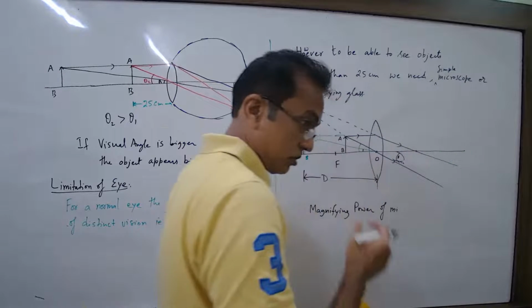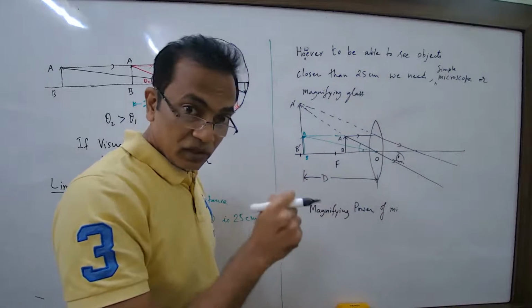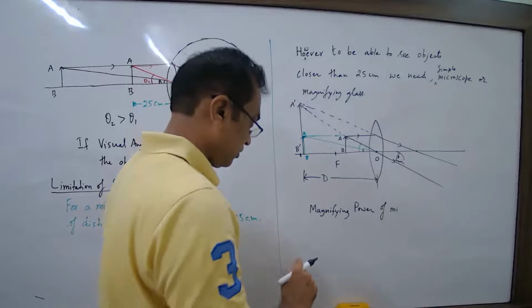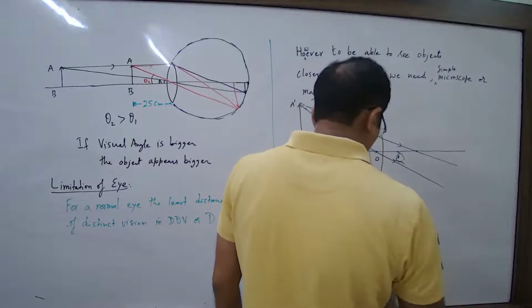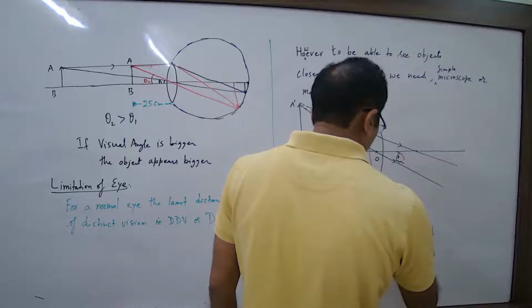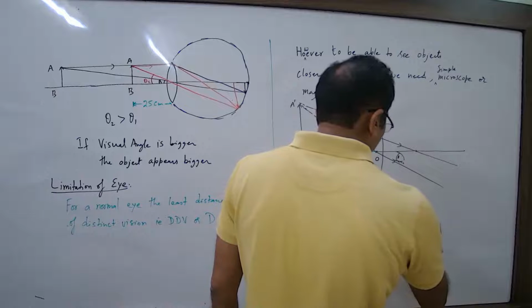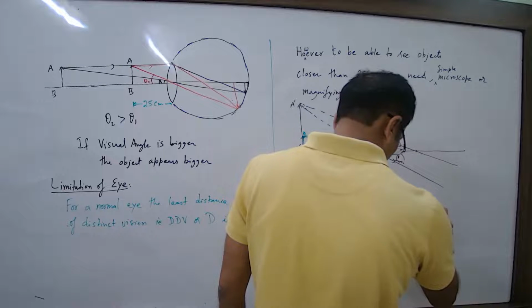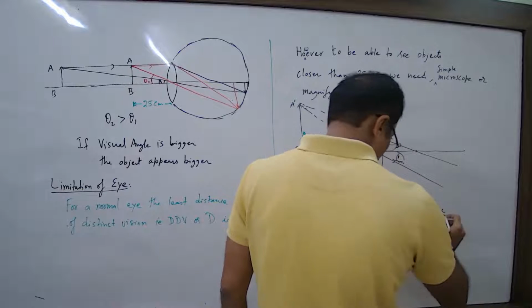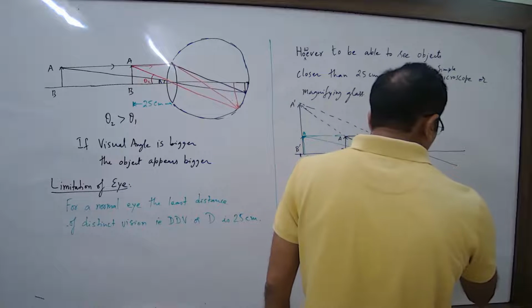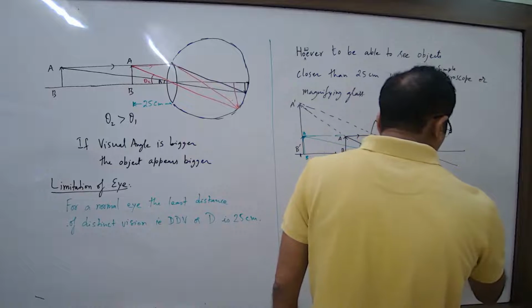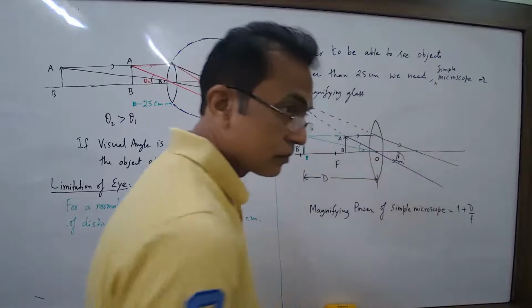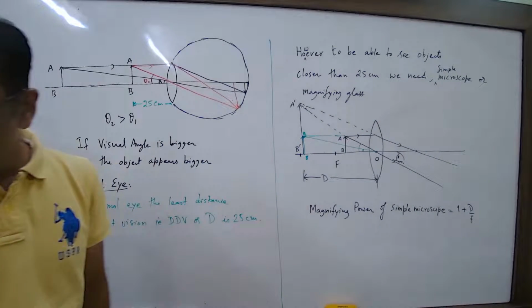Compound microscope. So it's not compound, the magnifying glass is just a simple microscope. Simple microscope. Is given as 1 plus D by F. Okay, what is D here?